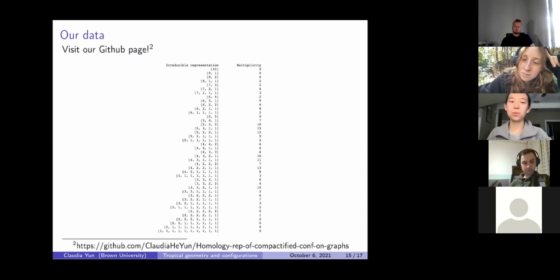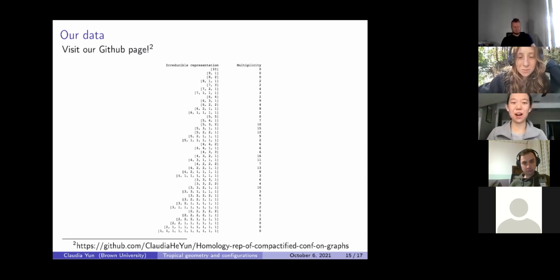We were able to perform this computation for n equals 10, and we get particular multiplicities of irreducible representations for up to n equals 17. And it's pretty cool. And we have a GitHub page where you can look up all this data.